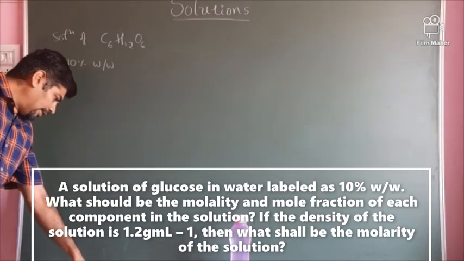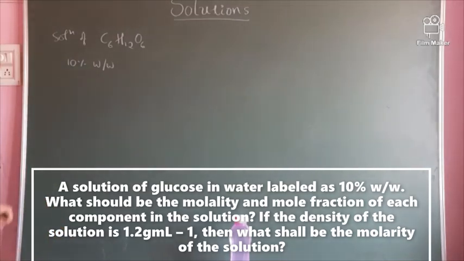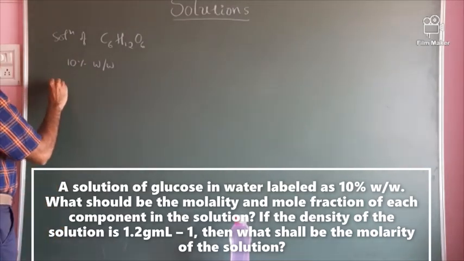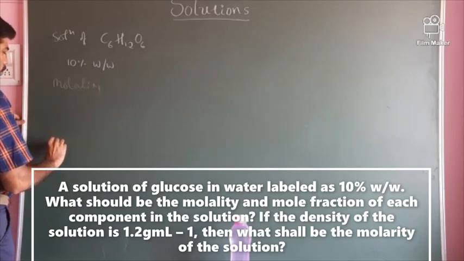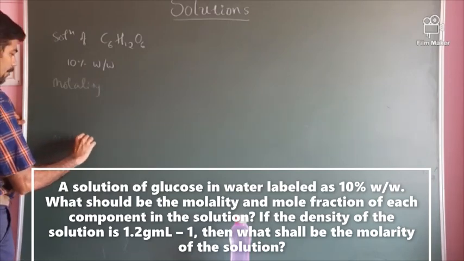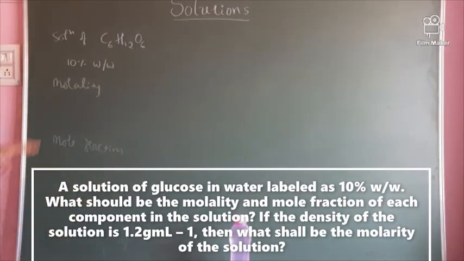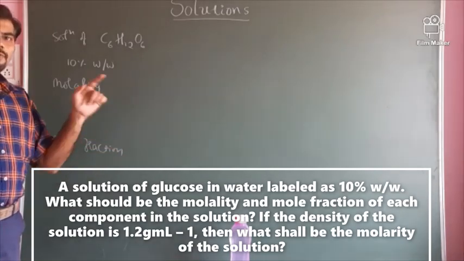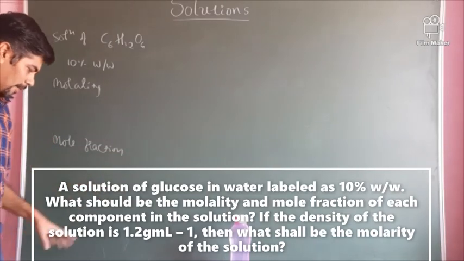They have asked you to calculate molality and mole fraction of each component. Molality will be only of the solute, whereas mole fraction will be of the solute as well as of the solvent, so we will be calculating both here.